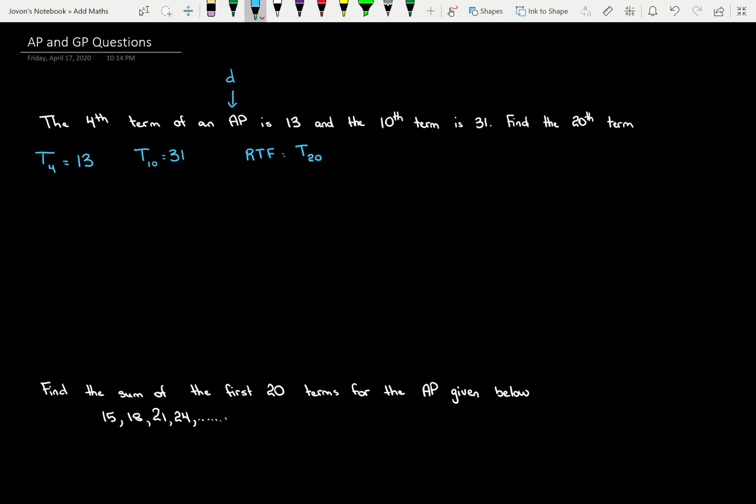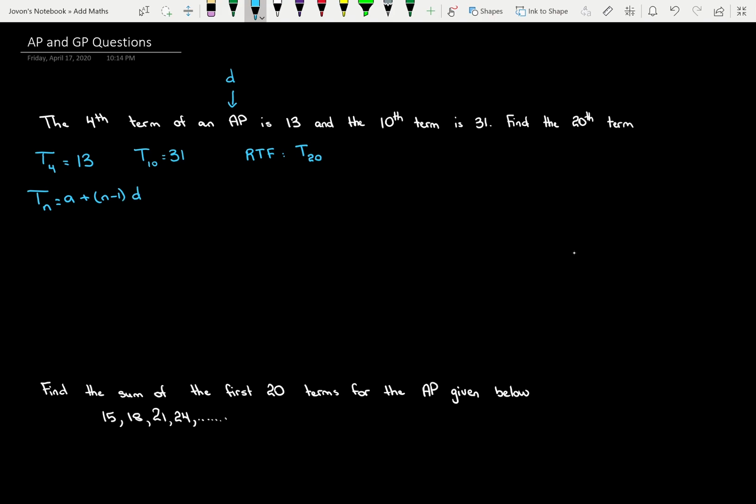Okay, so this is how we go about solving this question. This question is really simultaneous equations. So we know that the general equation from our first video is T of n is equal to a plus n minus 1 times d. So this is what we're going to do.